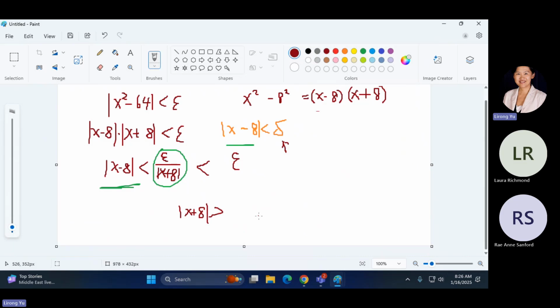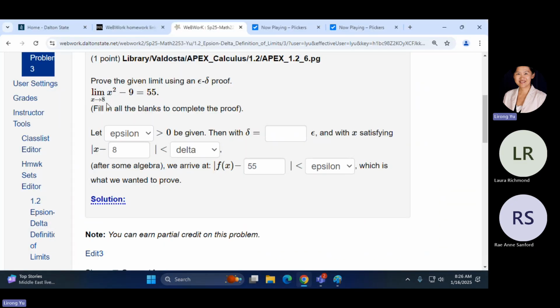For now, we know x is a number that is close to 8, such as 7 or 9. And the minimum thing is x shouldn't be far away from 8.